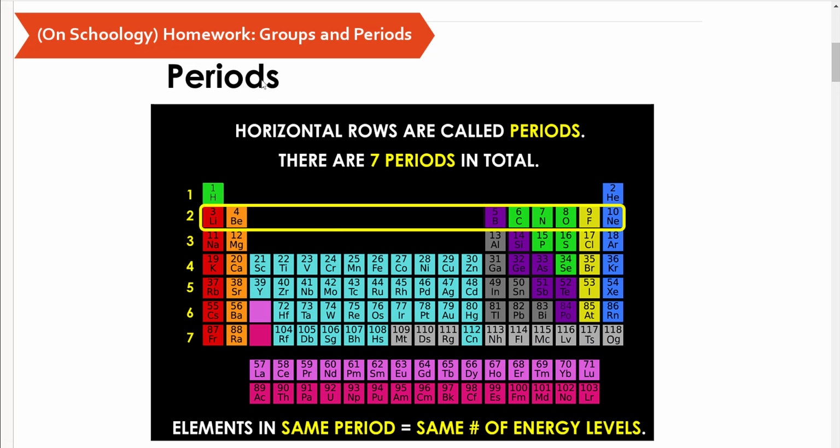The period describes which row. All right, so lithium is in period 2. Potassium is in period 4. Cesium is in period 6. And the period tells you how many energy levels there are in the electron cloud.